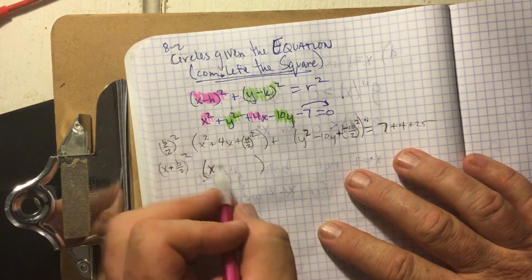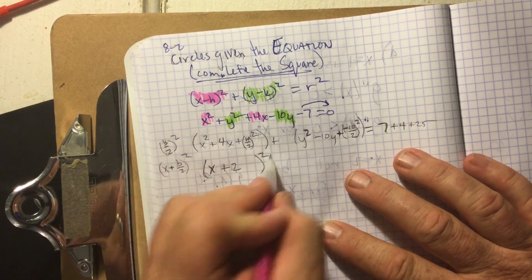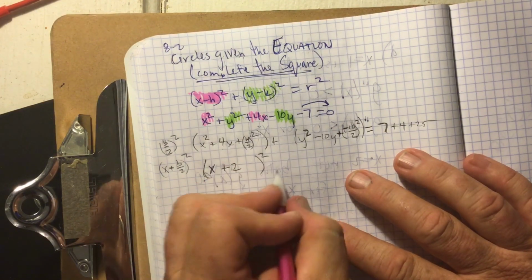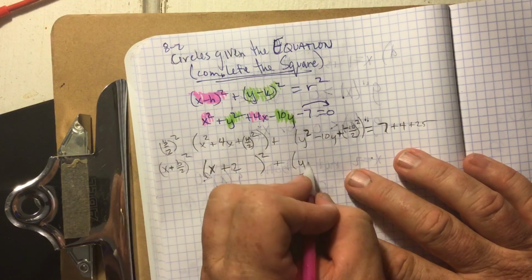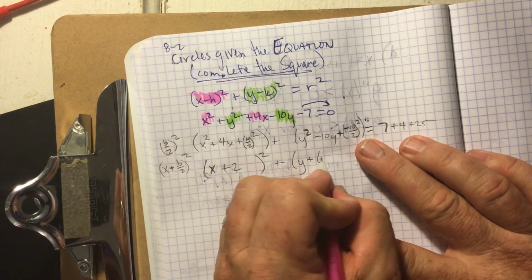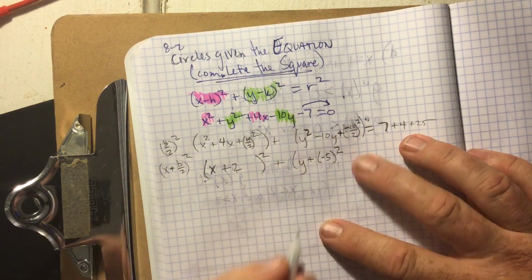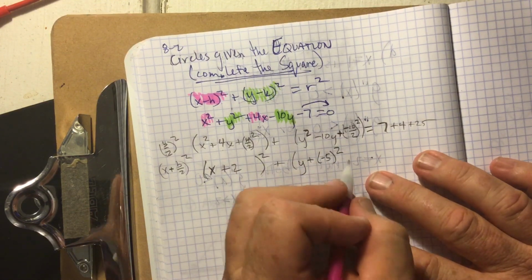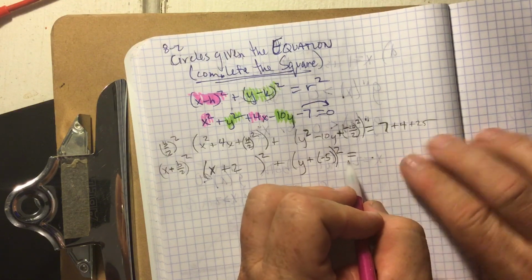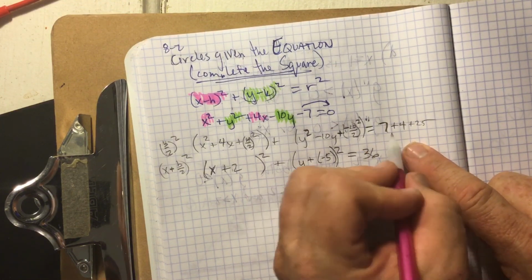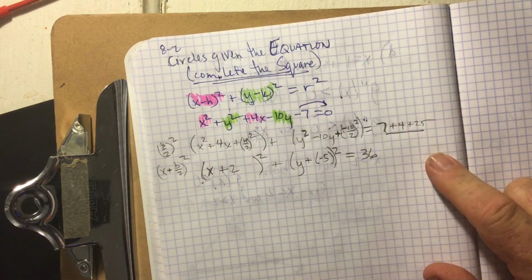B divided by 2 is 2, and we square it. Plus y plus negative 5 squared equals 36. If you add all those up, you get 36.